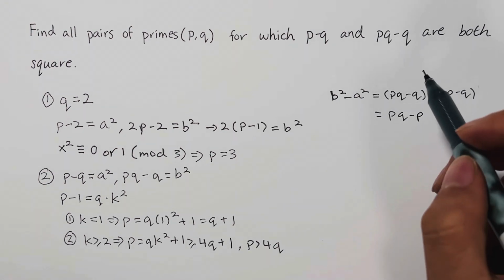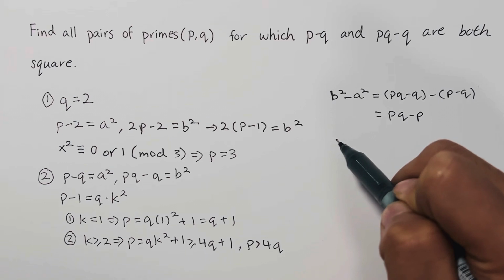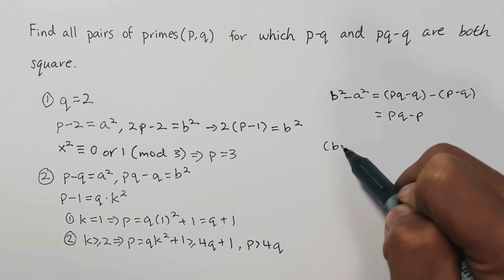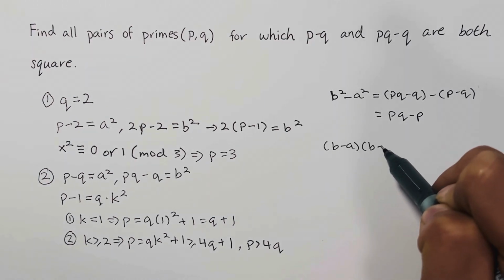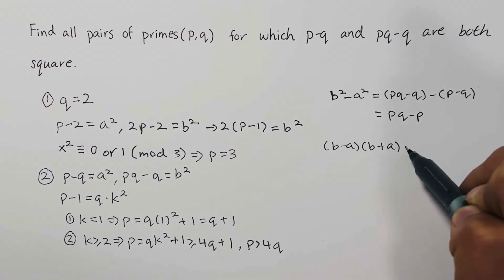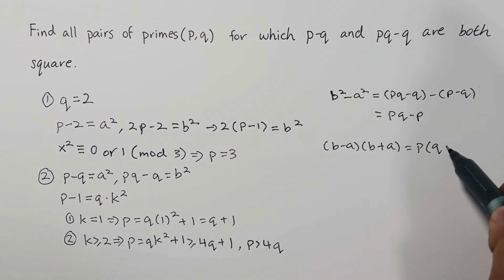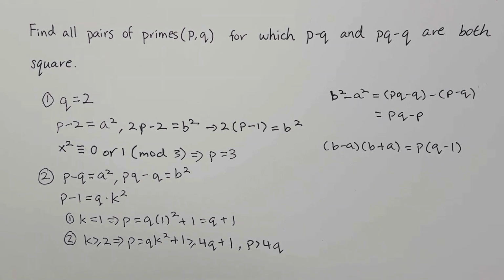So we can factor both sides. We'll have b minus a times b plus a, by difference of squares, equals p times q minus 1. Now factor the left side through difference of squares. So that's how we got to this equation here.